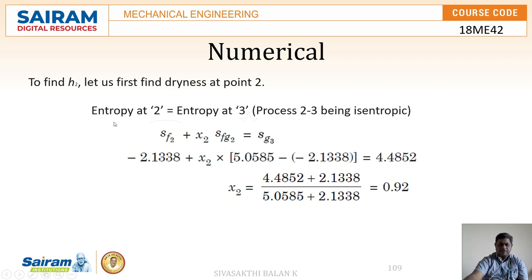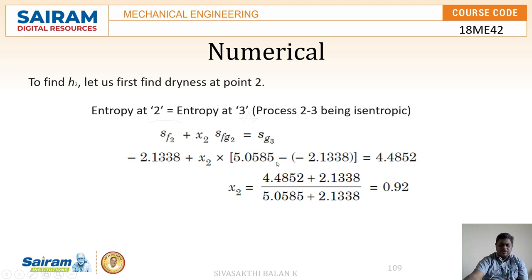SF2 plus X2 SFG2 is equal to SG3. Here, SF2 is the entropy of the fluid, F represents fluid, it's a wet steam, and 2 represents the state. X2 is the dryness fraction, and SG3 represents the entropy at state 3. In this, we know all the values, which we can take from the steam table, except the unknown, that is the dryness fraction.